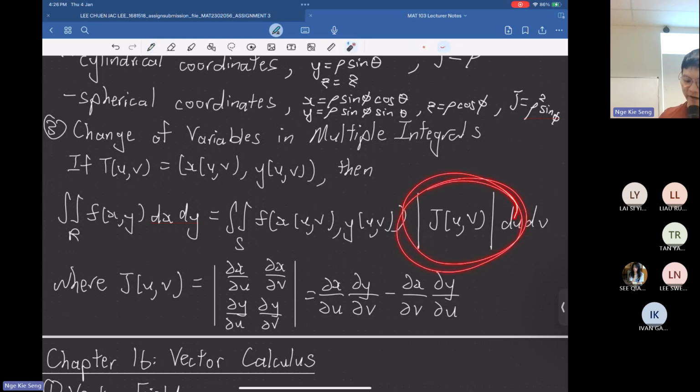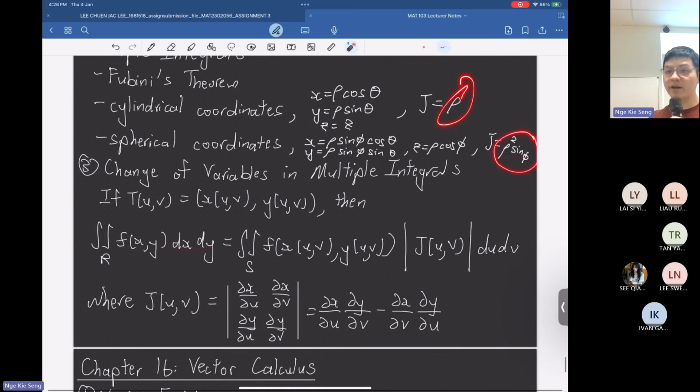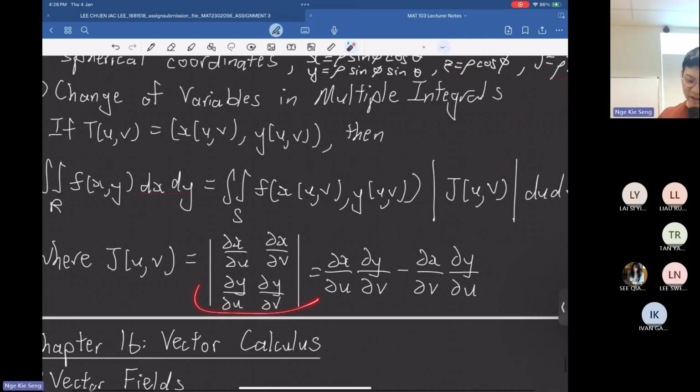So what's the Jacobian factor here? It's actually the determinant of your matrix of partial derivatives. That is how you get rho squared sine phi.